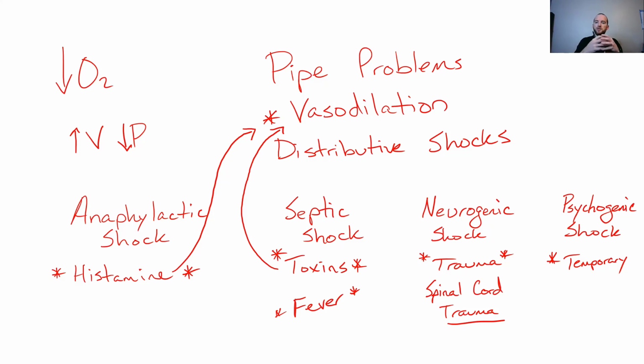So beyond just understanding the similarity that these are all vasodilation problems, take a look and say, well, what one or two things would I need in a scenario that would clue me in for anaphylaxis that wouldn't clue me in for any of the others? And what one or two things would I need for sepsis that would clue me into that one as opposed to any of the others? It's the best way to look at these.